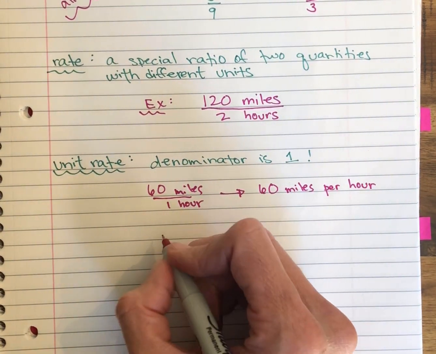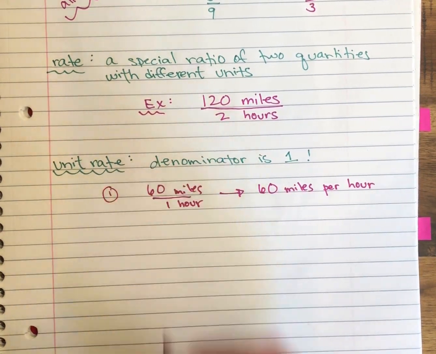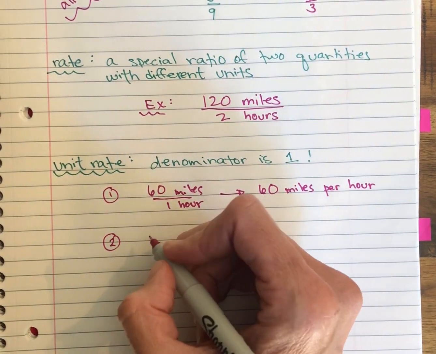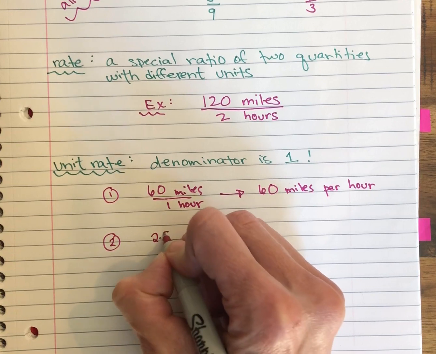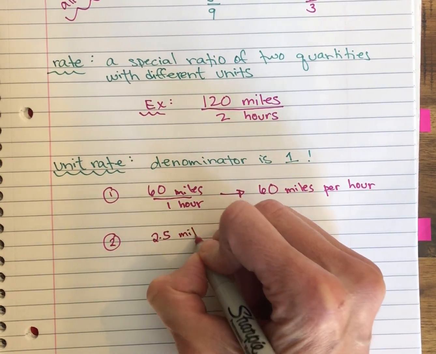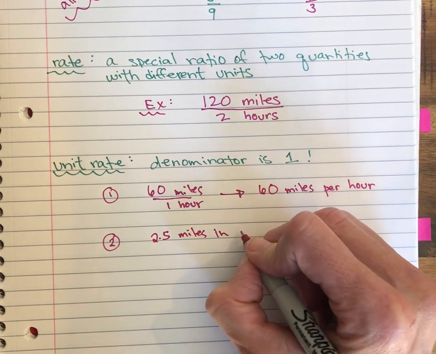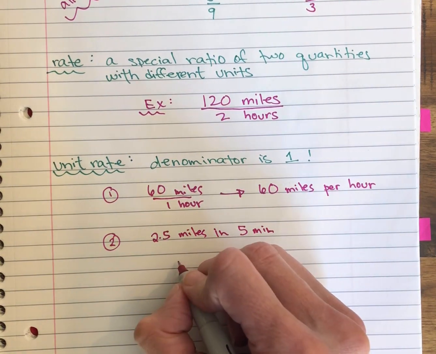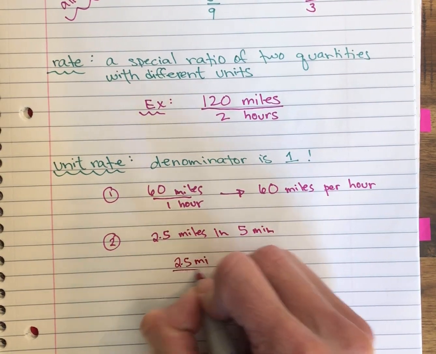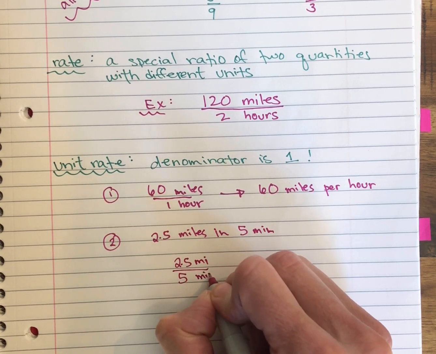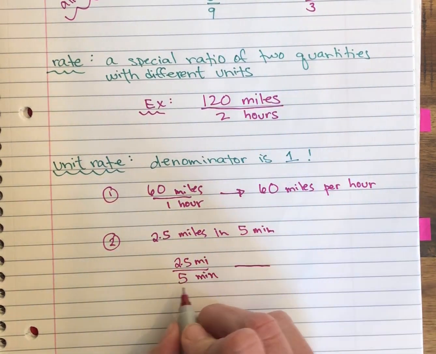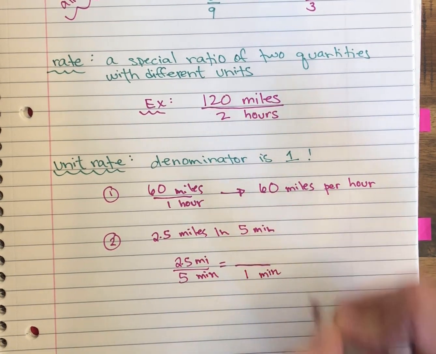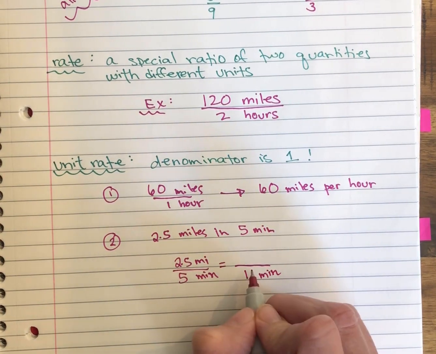You might be given something like, so we'll just call this example 1. Example 2. So something traveled, I don't know what, 2.5 miles in 5 minutes. And we need to express that as a unit rate. So I would start by writing it as a fraction. Okay, and then we want to compare not 5 minutes, but the denominator needs to be a 1. So 1 minute. Well, how do we get from 5 to 1?